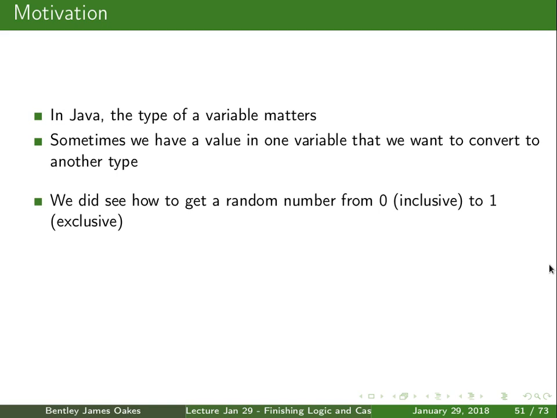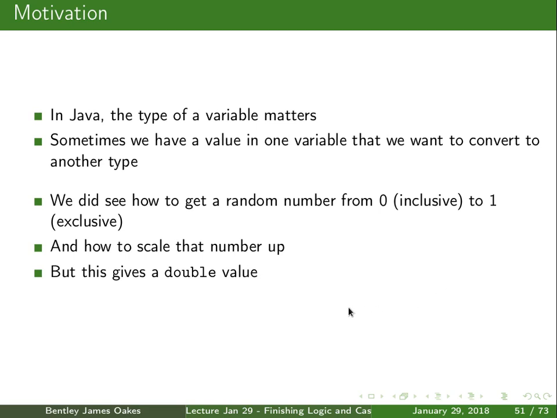So for example, we saw how to get a random number from 0 to 1, or just very close to 1. And we saw how to scale that number up. So now we know how to get, say, a number between 0 and 99.99999 repeating. But the problem is, I showed you how to do that and get a double value.